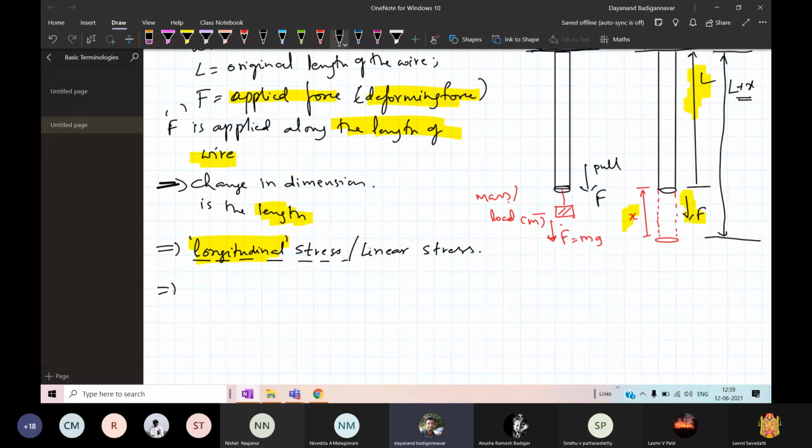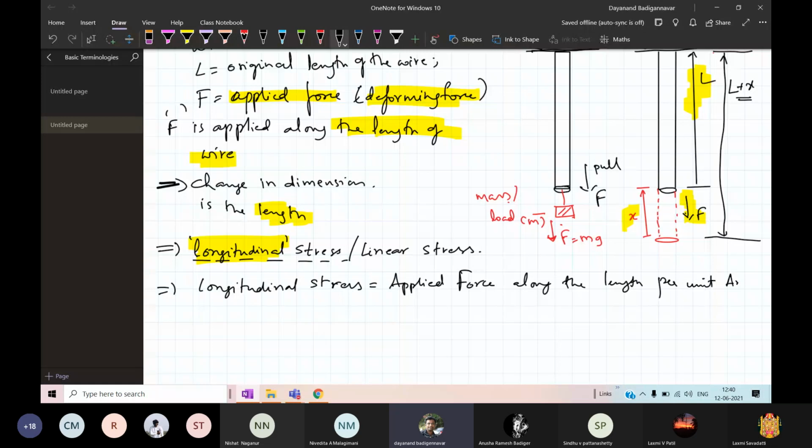So longitudinal stress or linear stress is defined as applied force along the length per unit area. What is the area I have taken? This is the area I have. This area, A, stands for the cross sectional area.